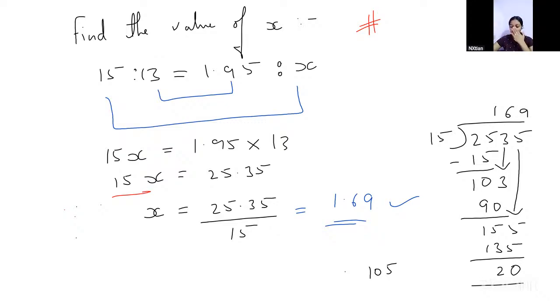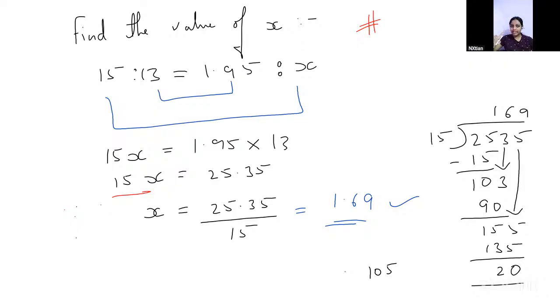When you have a variable, you take it to one side, and the numbers you take to the other side and solve with the numbers, to find the value of the variable. X is a variable. Variables are alphabets like X, Y, Z. Now, I have 15x, and I have to find the value of x. So x I'll keep on this side only, and 15 I will take to that side.